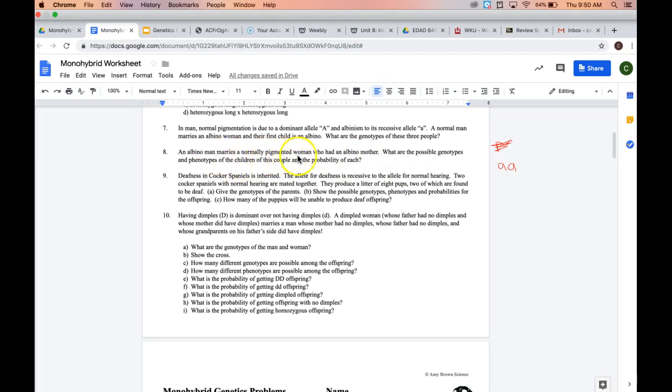The woman is normally pigmented, so she has to get one of these from her mother, but she must have gotten a dominant allele from her father to make her normal. So this is the woman. And the male, it says, is albino. Okay, so this is the male.